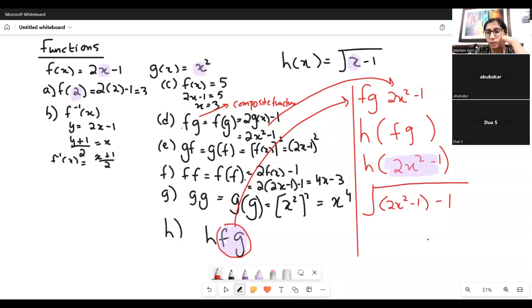So that would be 2x square minus 2. Yeah. So this is a basic concept, a very, very basic concept of a composite function.